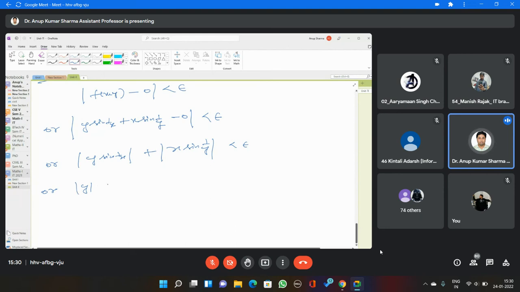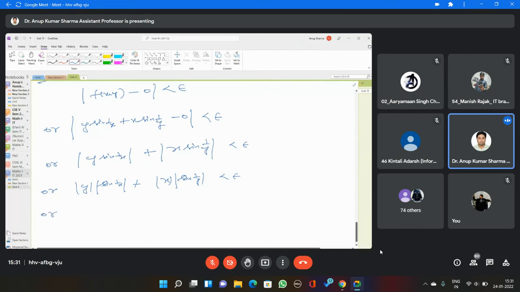We take the modulus of y sine of 1 upon x plus x sine of 1 upon y, less than epsilon.